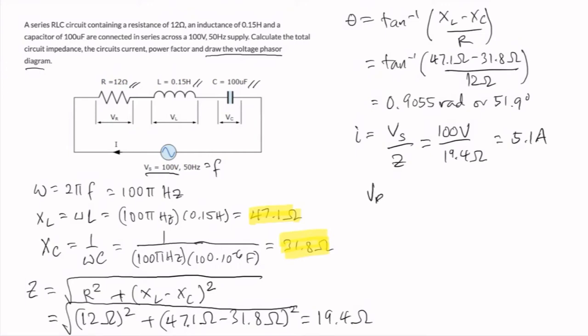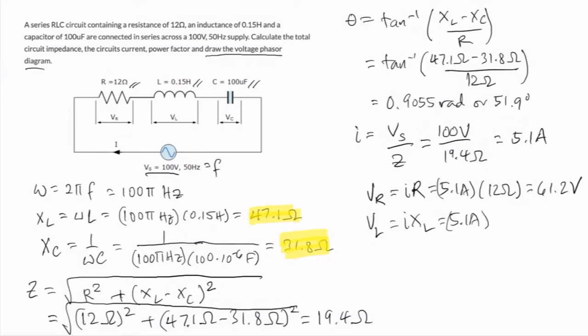The voltage across the resistor is easily solved from the equation I times R, which is equal to 5.1 amperes times 12 ohms, or 61.2 volts. The voltage across the inductor is easily solved from I times X sub L, or 5.1 amperes times 47.1 ohms, which is equal to 240 volts.